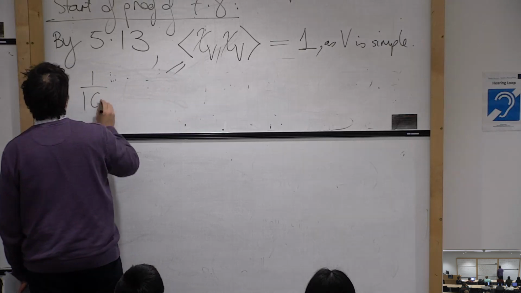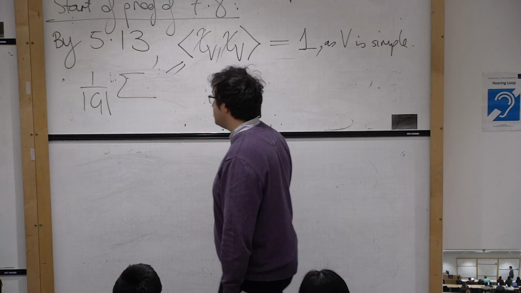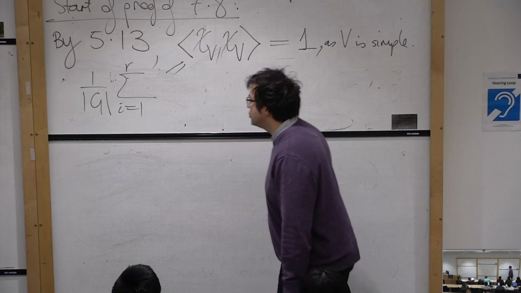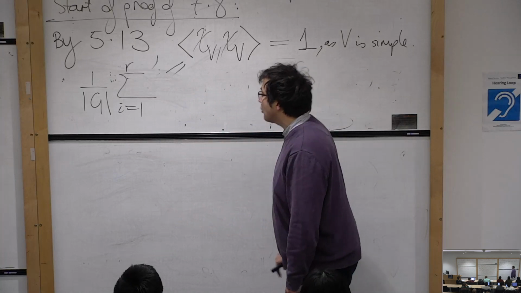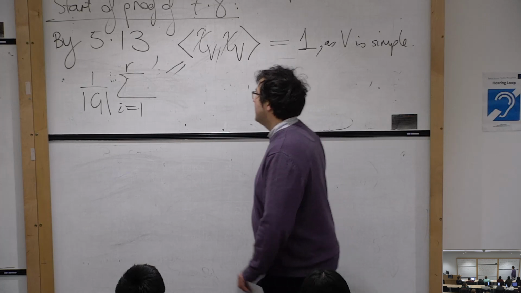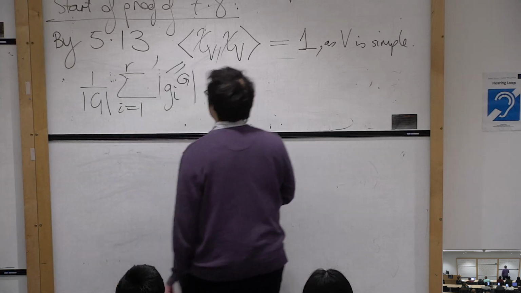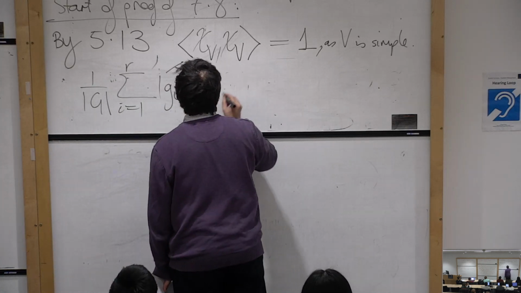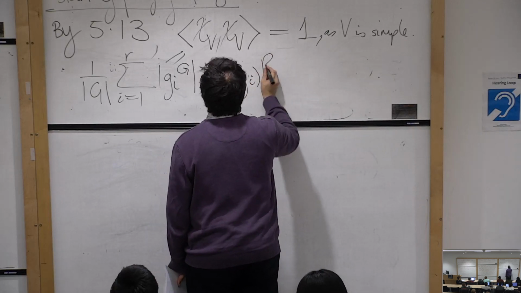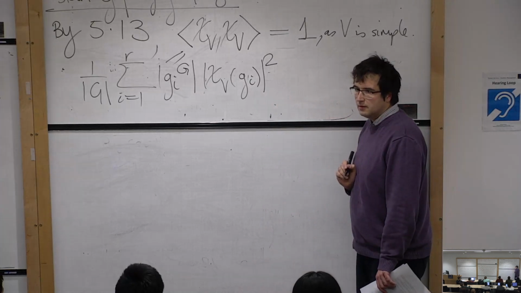That's 1 over mod G, and we break things up into conjugacy classes. Let's say that there are R conjugacy classes with representatives g_1 up to g_R, and we have to weight the sum by the conjugacy classes, and then we'll have to do mod chi_V of g_i squared, right? That's the inner product, okay?